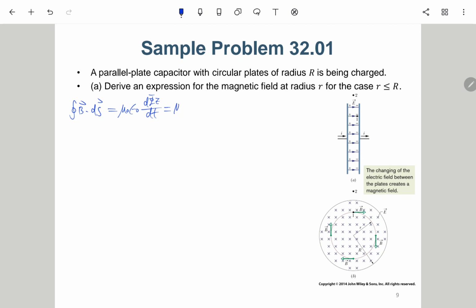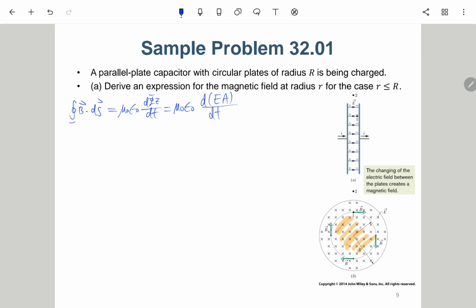Phi e is actually E times A. We just consider E and A are parallel to each other, and also E is uniform over this cross section area. So we have phi e to be E times A only.